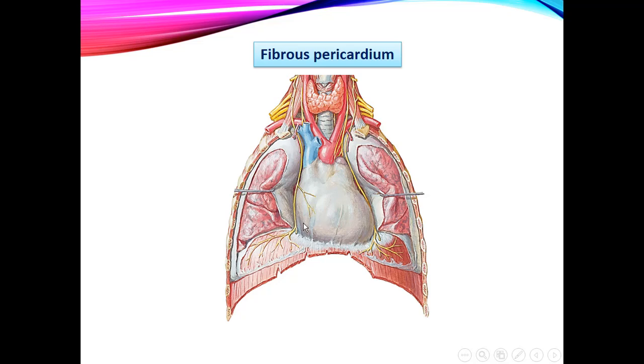The fibrous pericardium lies in the middle mediastinum at the level of R2 to R6, and anteriorly is related to the sternum, costal cartilages from R2 to R6, and also is related to the pleura and the thymus.